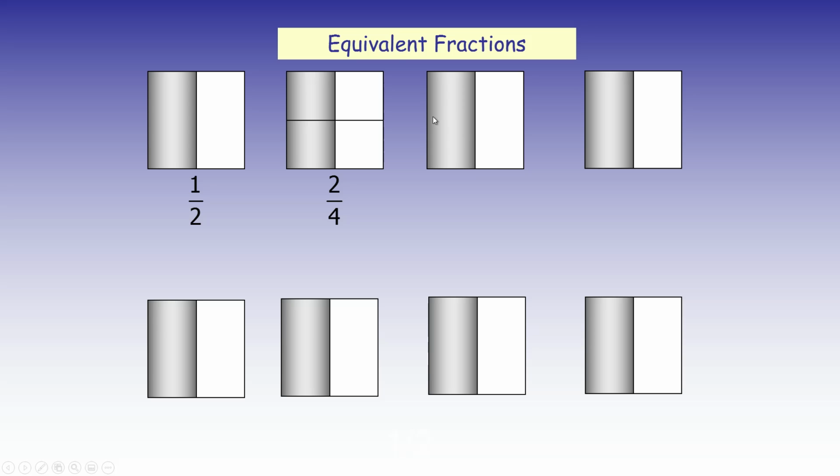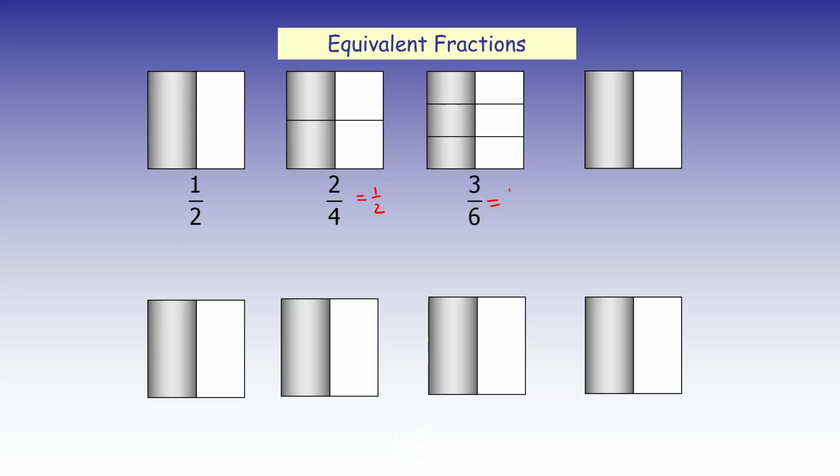Let's go again. Half of the shape is shaded, but if I create some more sections, I now have 1, 2, 3, 4, 5, 6 parts. And 3 out of the 6 are shaded, so I can write it as 3 out of 6. Or I can write it as a half. Okay, so I should be putting on the side here, that's equal to a half.